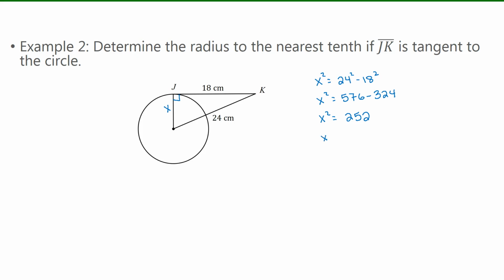That's x squared. If I want x, I just find the square root of that. Once I round, I get 15.9. So we can say that the radius is 15.9 centimeters.